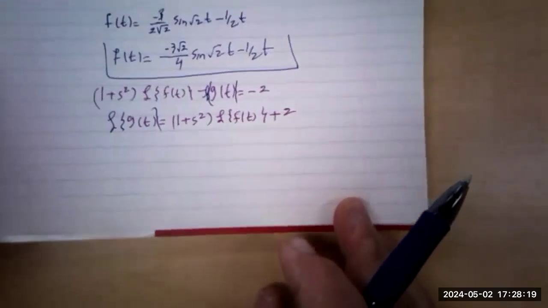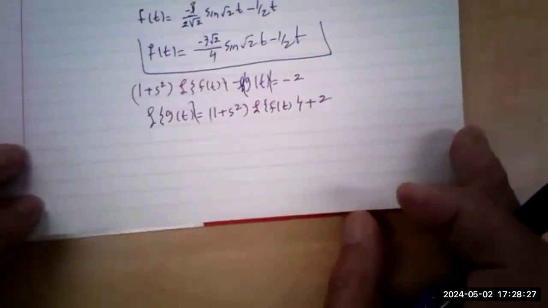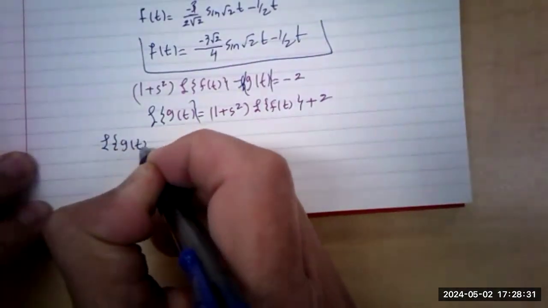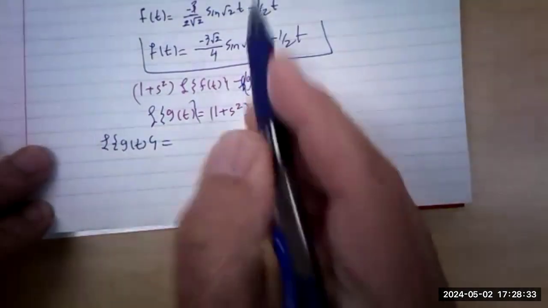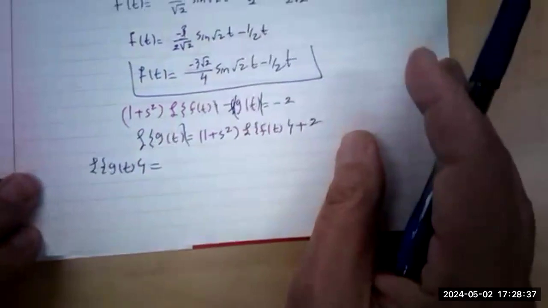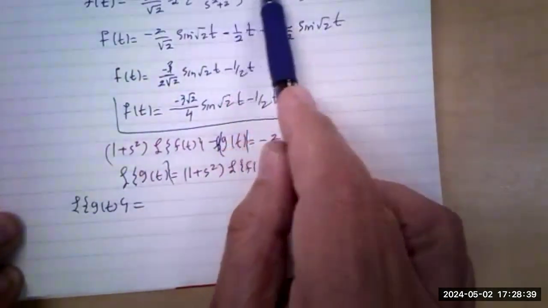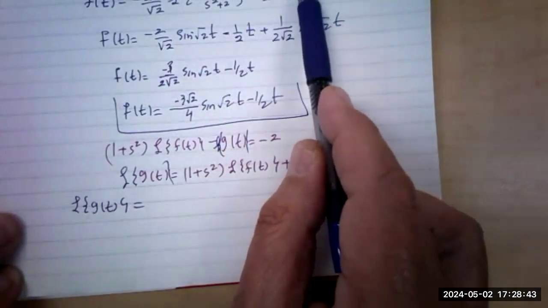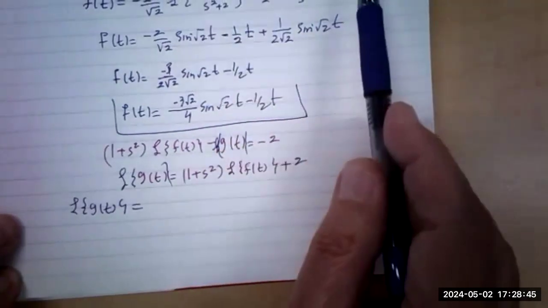I think that's the way I did it myself. Okay, that was a -2. So one way to do it is this. The Laplace of g of t would be, you see, this is what you have for your f of t. You just multiply here, that makes it easier to find.